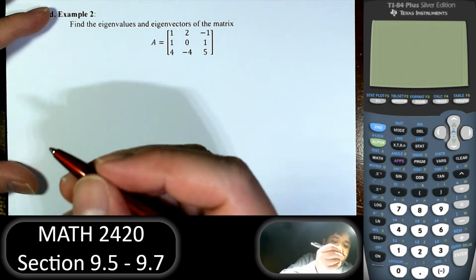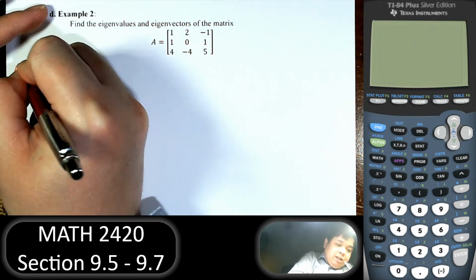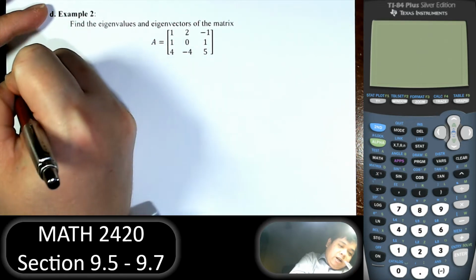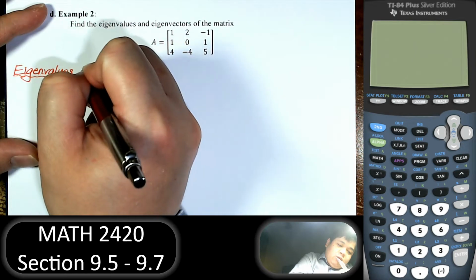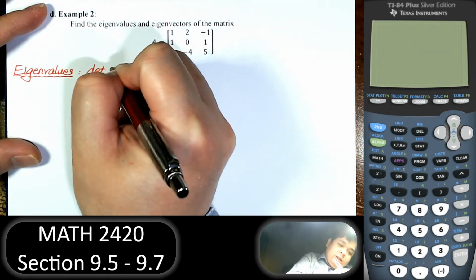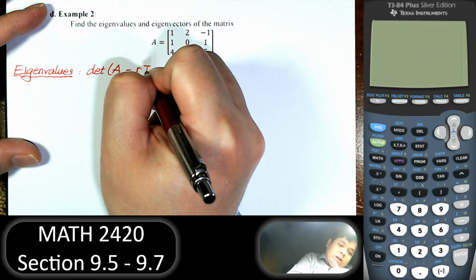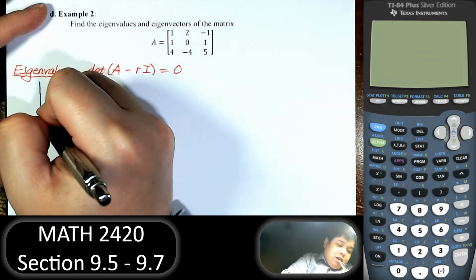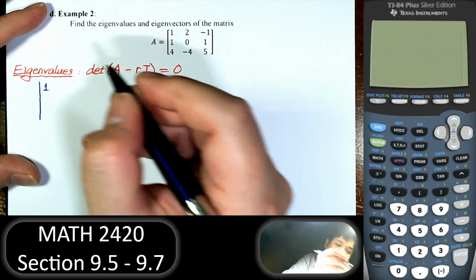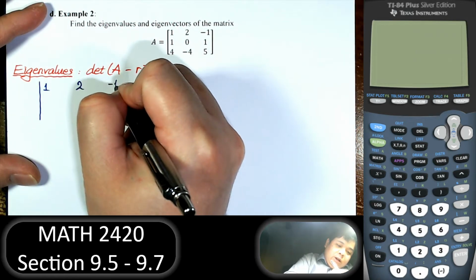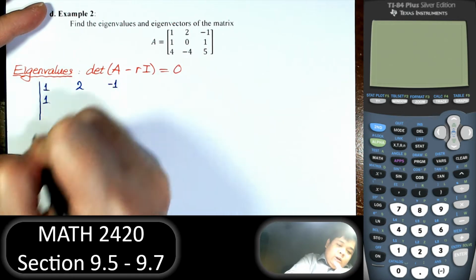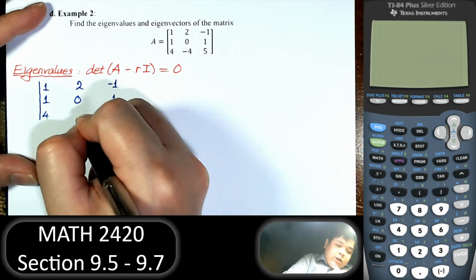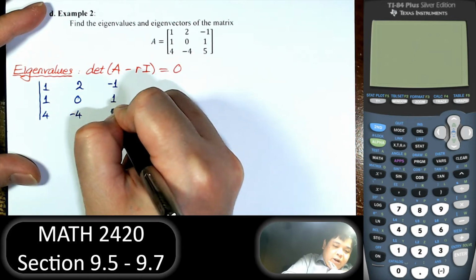Right, so let's start with eigenvalues. Eigenvalues is to solve the equation determinant of A minus rI equal to 0. That means I find the determinant of this matrix 1, 2, -1, 1, 0, 1, 4, -4, and 5.